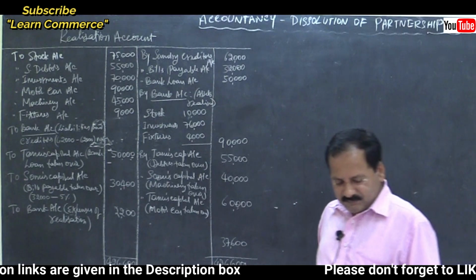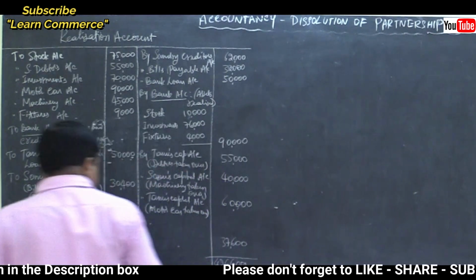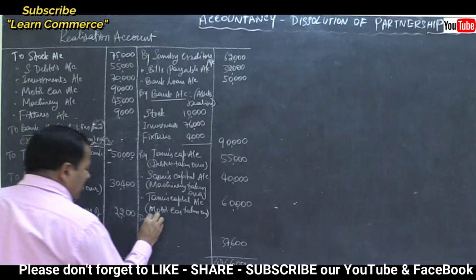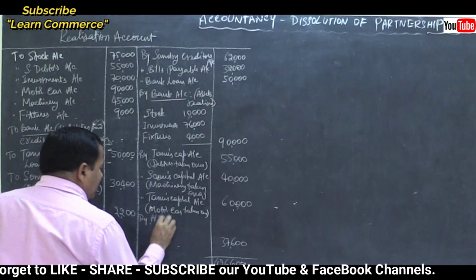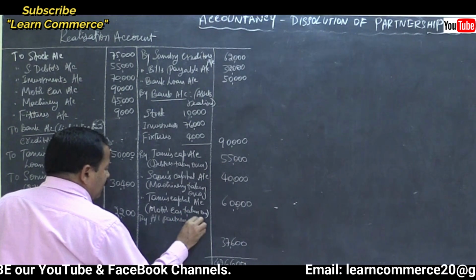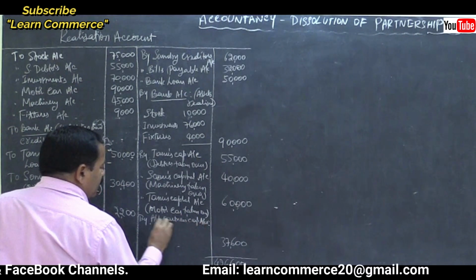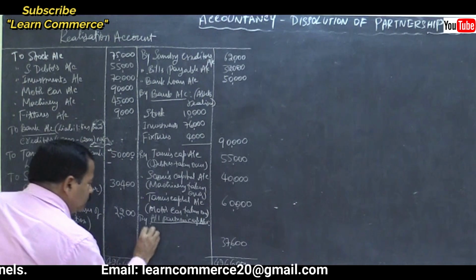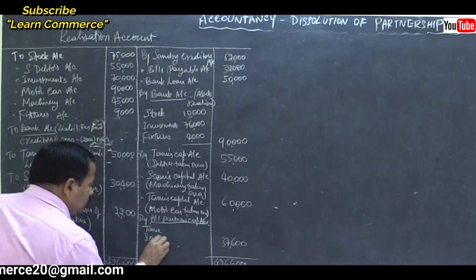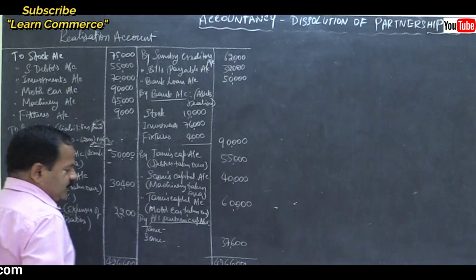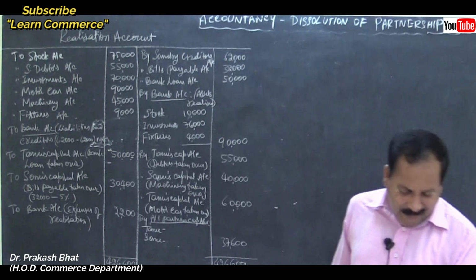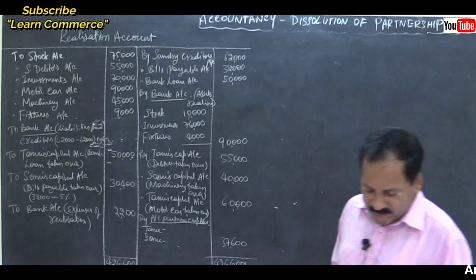Now share it among the partners by Tanu's capital account, by all partners' capital accounts, under that Tanu and Sonu. Share it among the partners. 37,600 into 5 by 8 and 3 by 8, isn't it?